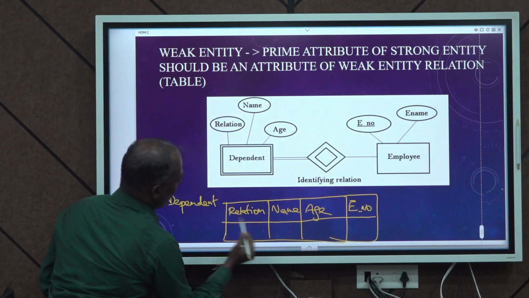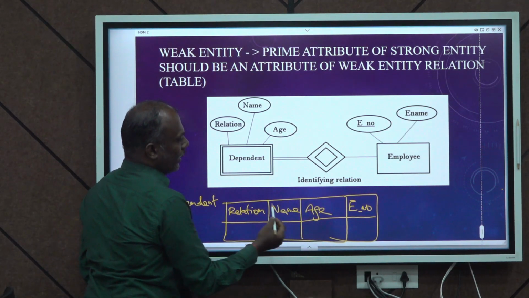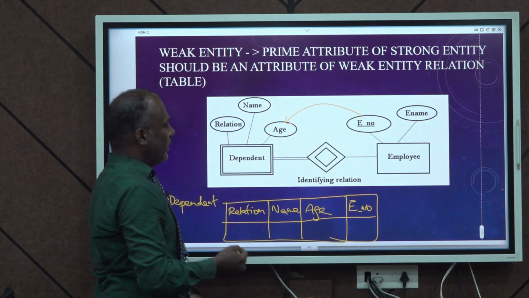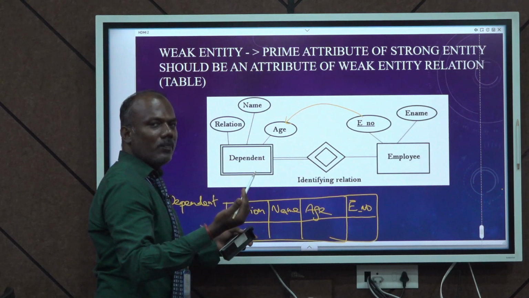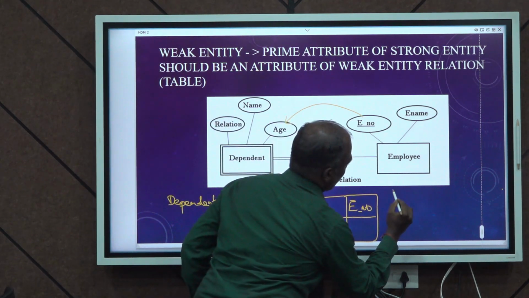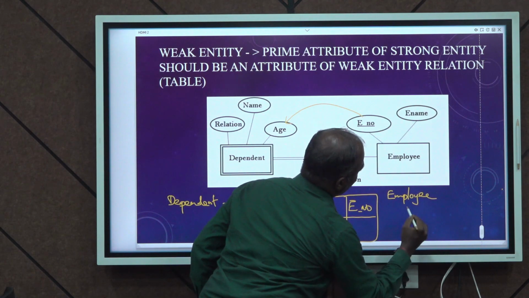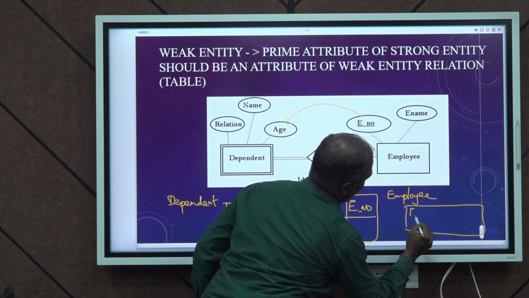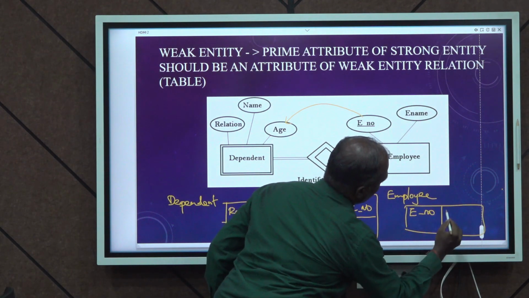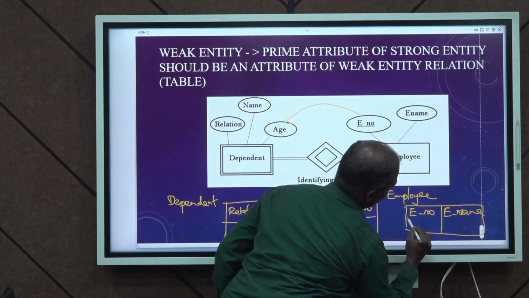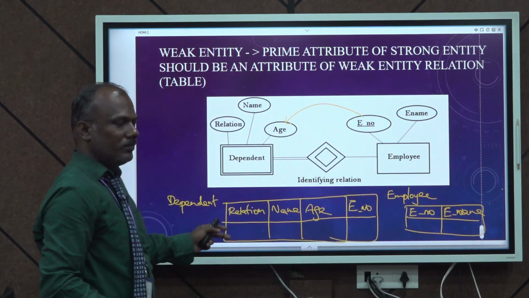In this way we have to create the table, because the employee number should be added to the weak entity, then the weak entity will become stronger. And also create the strong entity table, which has E number and E name. Okay, so that's all.